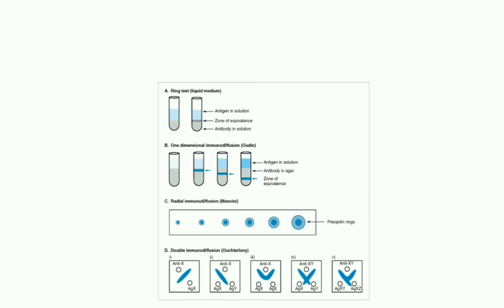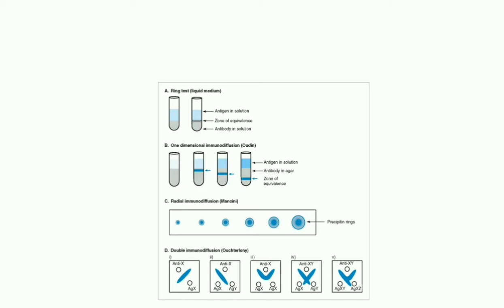In that we incorporated antibody in agar gel, but here in double diffusion in two dimensions, we are taking plain agar where you punch out many wells. In one well you will add antibody, and surrounding this antibody well you have several other punched out holes where you add antigens.